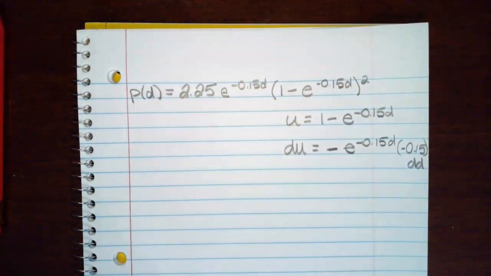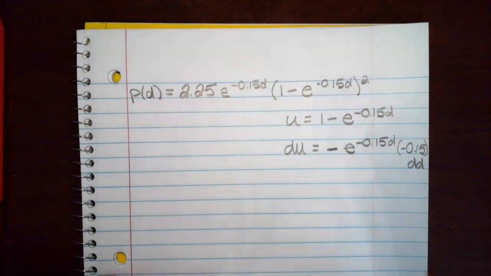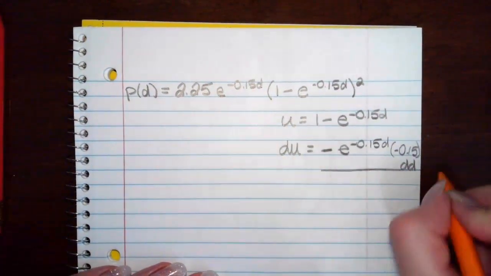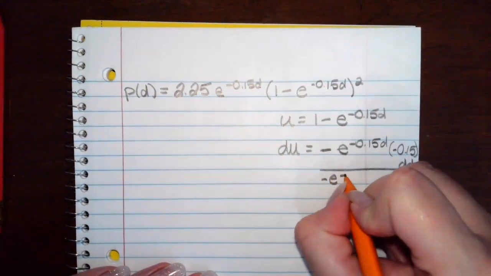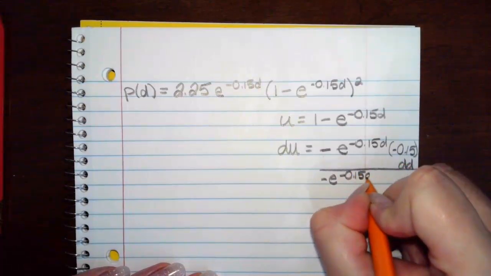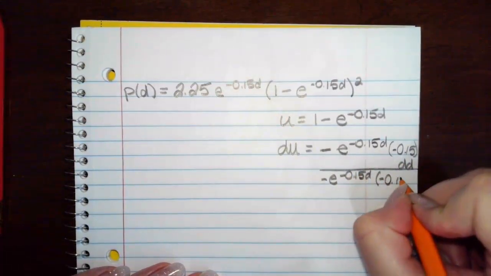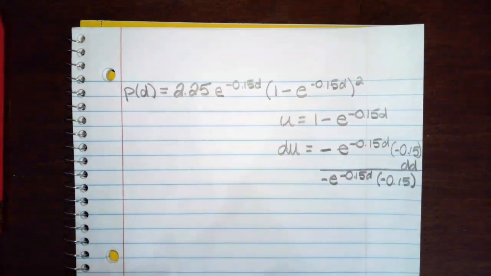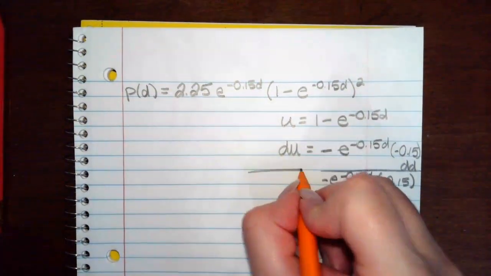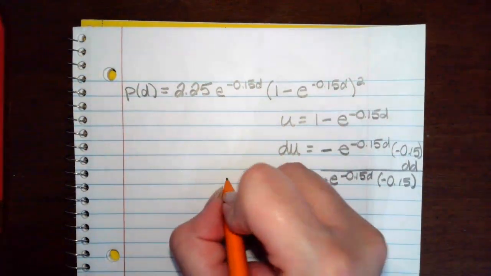So instead of dx, we're going to solve for dd. So I need to divide both sides by negative E to the negative 0.15 D, and we're going to do it to that side as well.